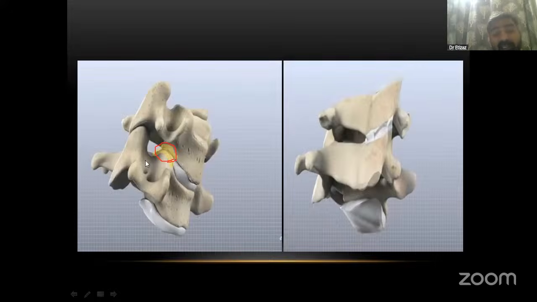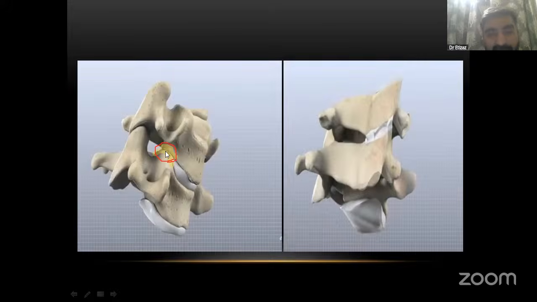But what about this uncovertebral joint, the joint of Luschka? It limits the lateral flexion, the lateral bending. Excessive lateral flexion will damage this joint. This is the physiological importance of this one.